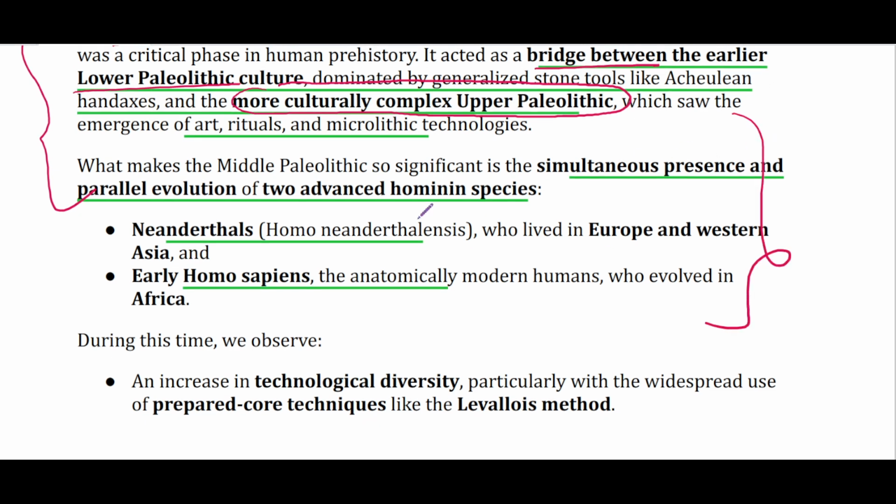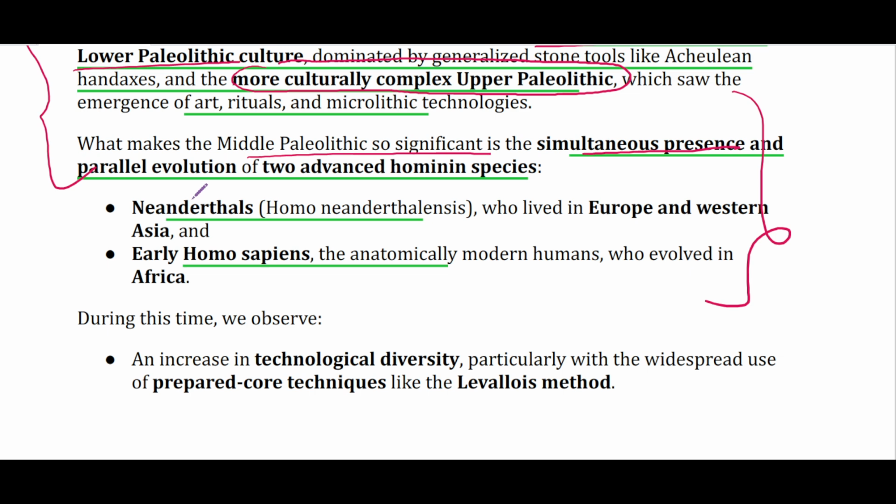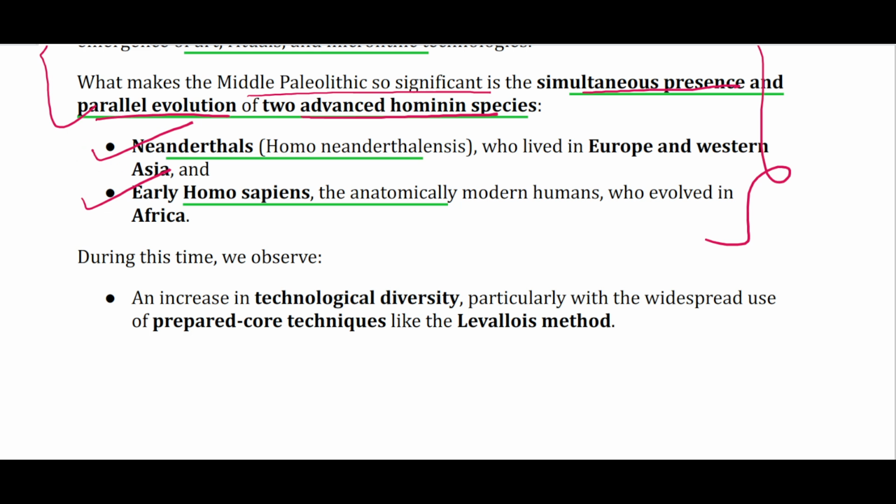So what makes the Middle Paleolithic significant was the simultaneous presence and parallel evolution of both Neanderthals and anatomically modern Homo sapiens, or the early Homo sapiens that emerged and migrated out of Africa.